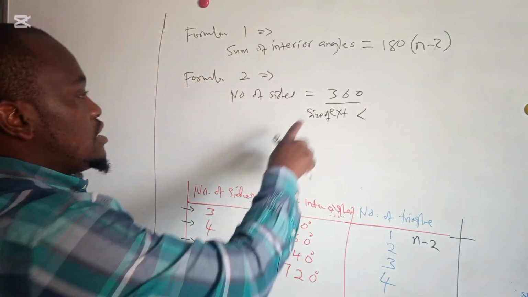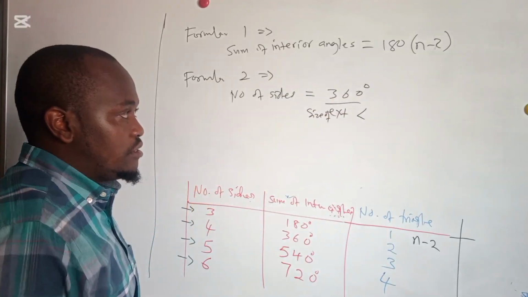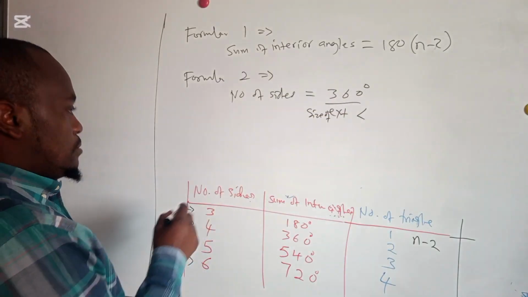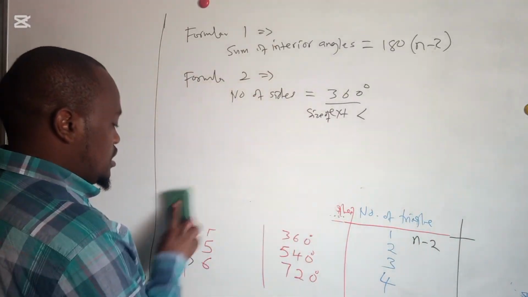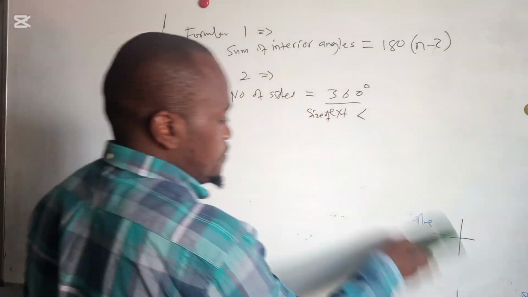So 360 degrees divided by the size of the exterior angle. For example, now I can delete this so that we go to the next one.